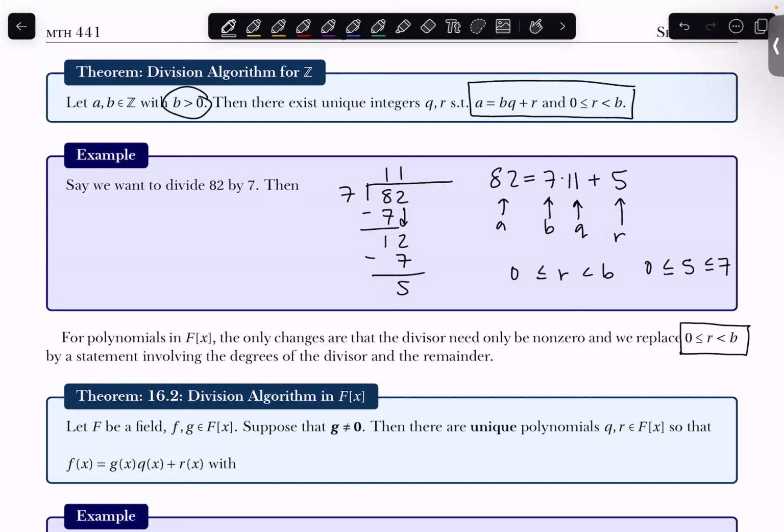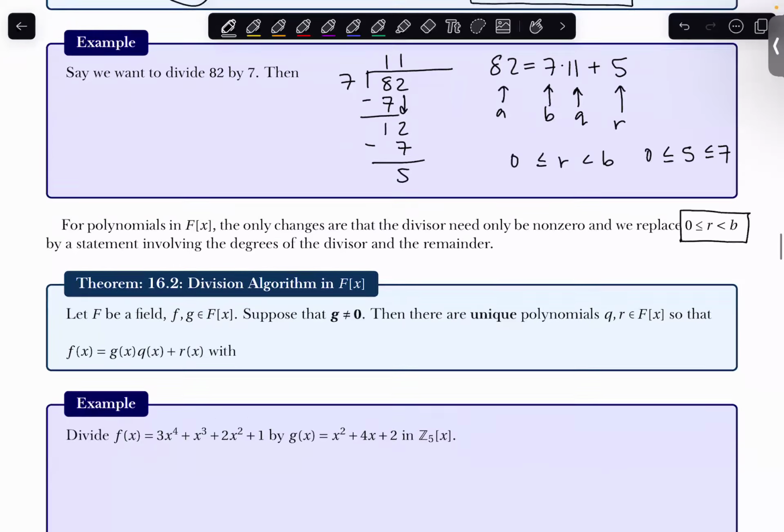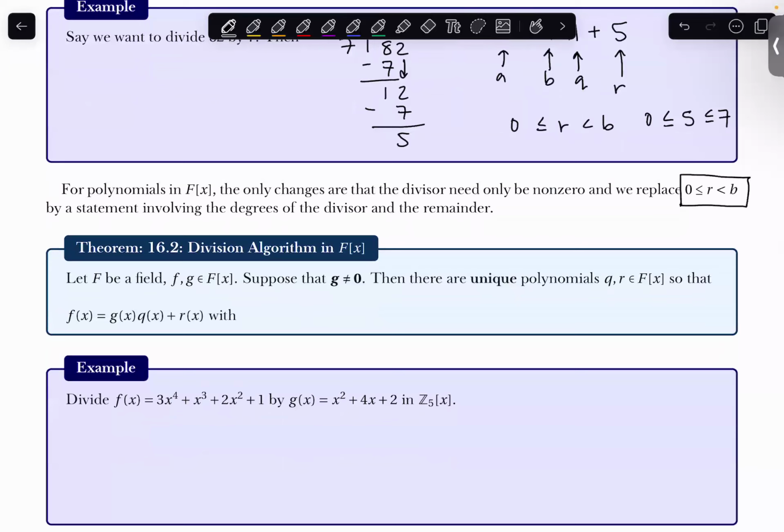The thing that we always restrict ourselves is that we can't do 0, because I can't divide by 0. So whatever I'm dividing by can't be the 0 element, so it can't be the 0 polynomial in our case here.